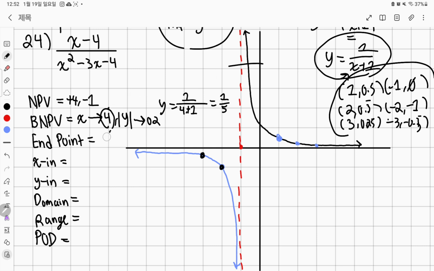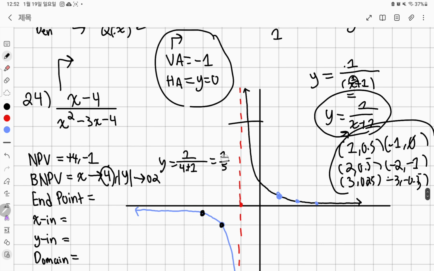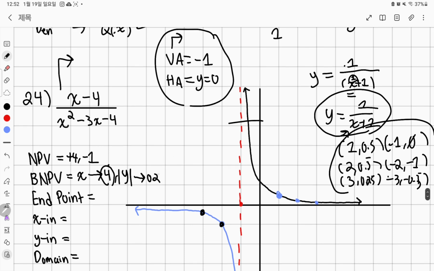Okay. Now, is this our answer? No, we have one more, right? So we have one of this here. And also when x is approaching -1, our absolute value of y will be equal to, just plug it in, same thing. You can technically plug into the original value, but it's just more work, so I don't recommend it.